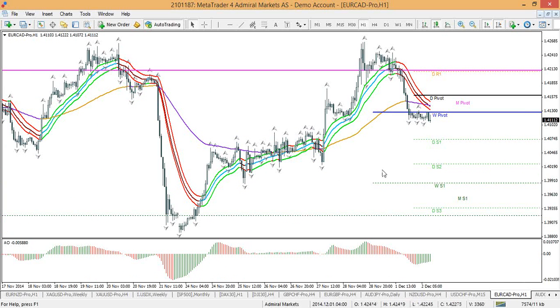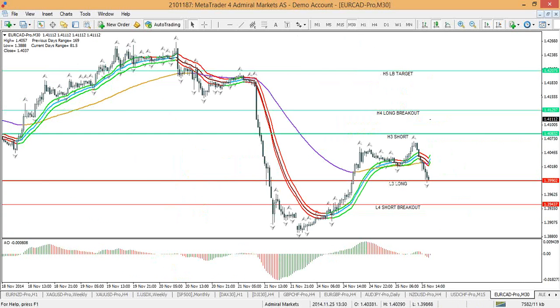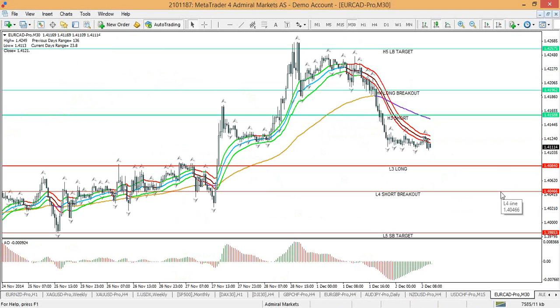Let's see. 140.80 has a daily S1. There's not a lot of confluence there, and an S3. Well, there's a bit of confluence, but not a ton of pivot points, but something, not really a lot.